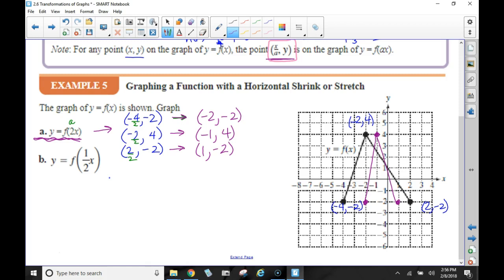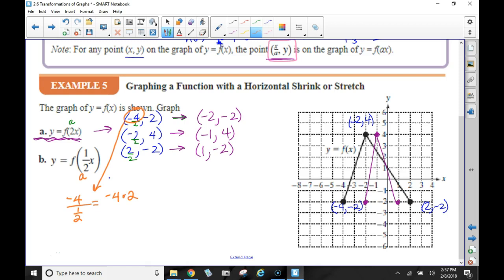Okay? Let's see. Orange would be good. For the next one, where the a value is 1/2, essentially what that does is it takes each of these key point values. Let me just show you here. It would take the -4 and divide it by 1/2, which is the same thing as taking the -4 and multiplying it by 2.